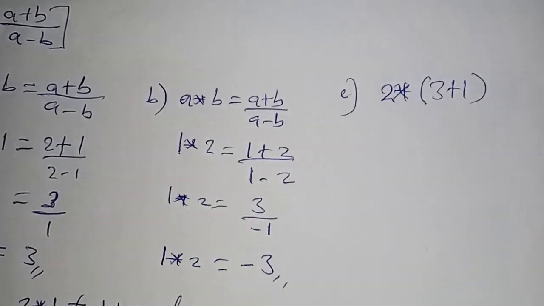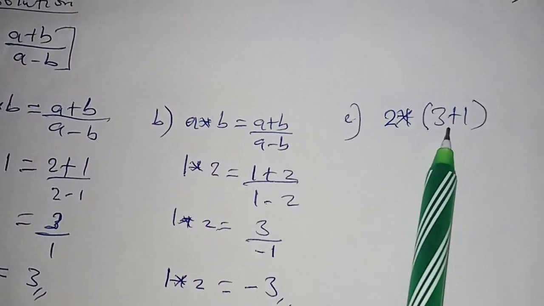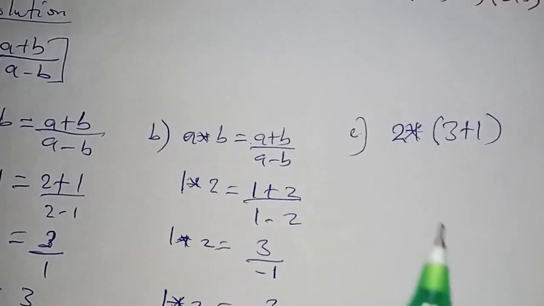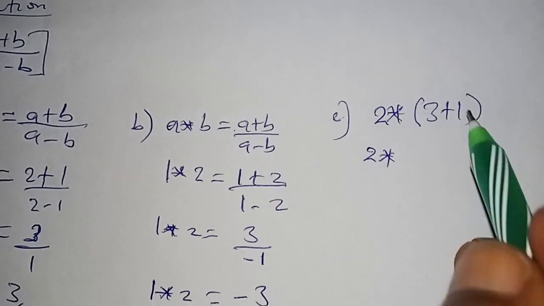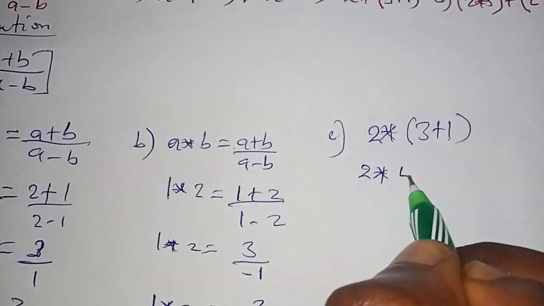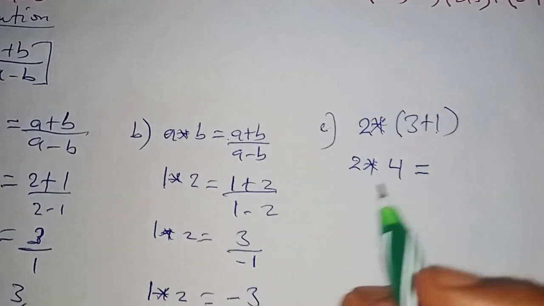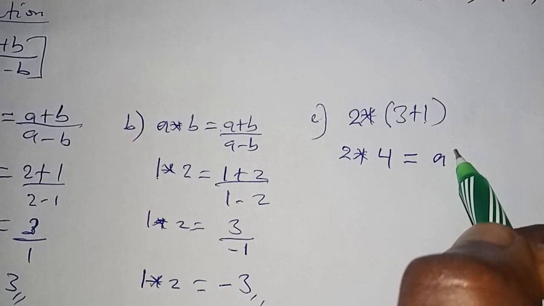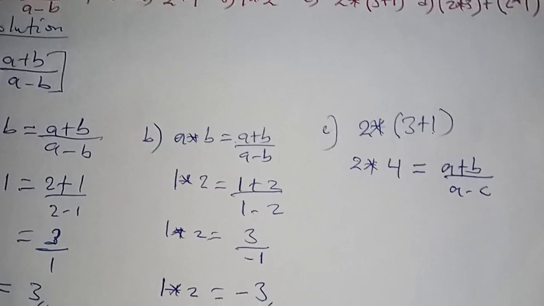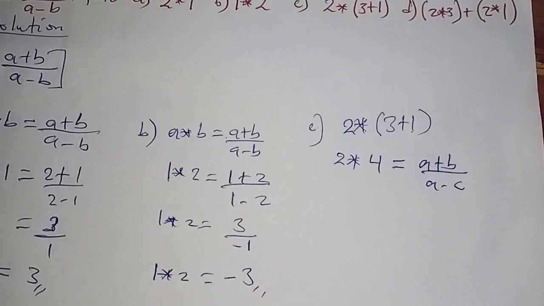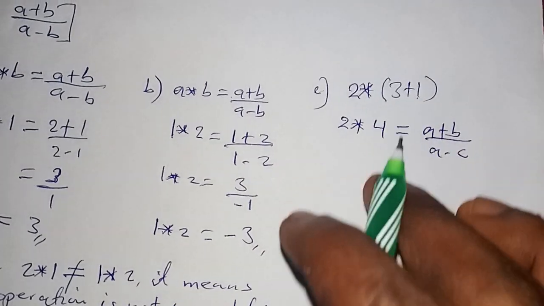Now we have to deduce this to put it in this particular equation. How can we do that? So we're saying this will be 2 operate with, now 3 plus 1 is 4, and it should be equal to our equation now, which is A plus B upon A minus B. So you see this question, you have to be very careful, right? All you have to do is just reduce it.